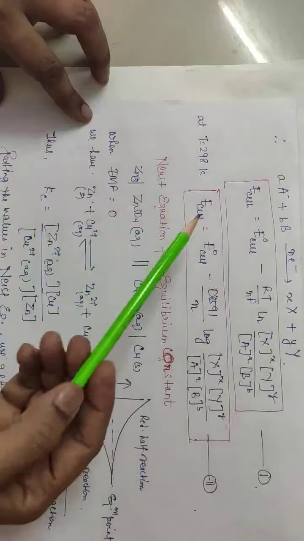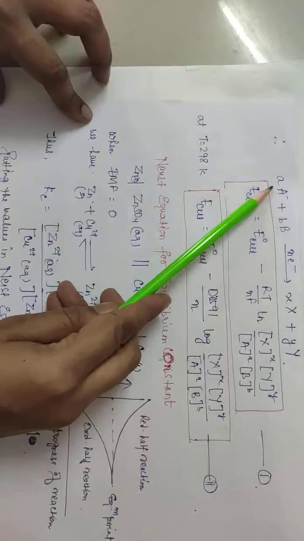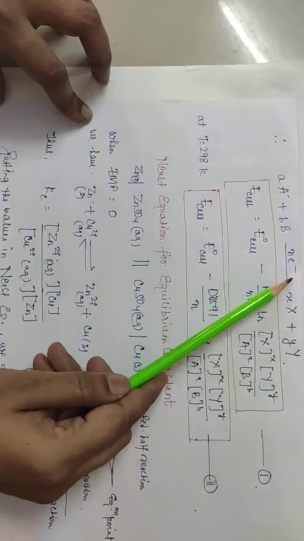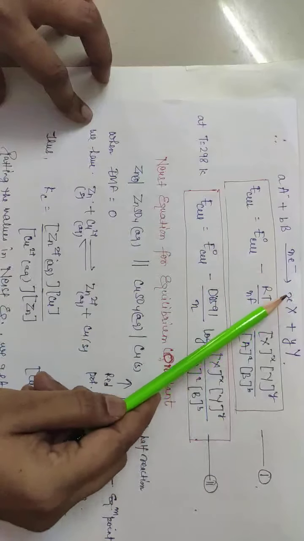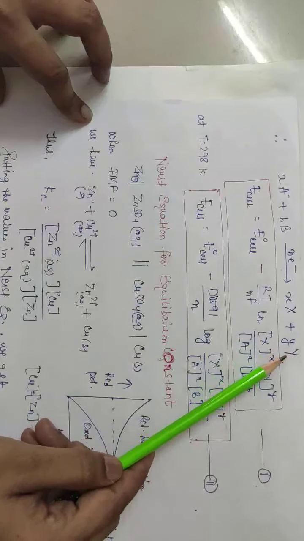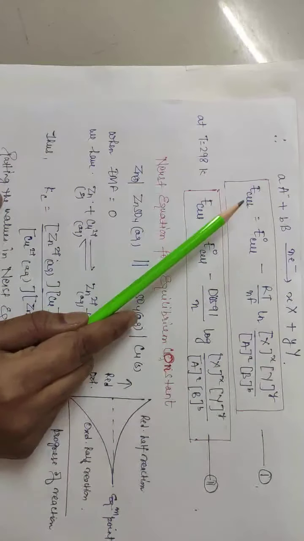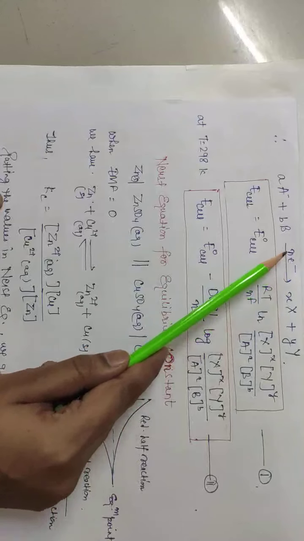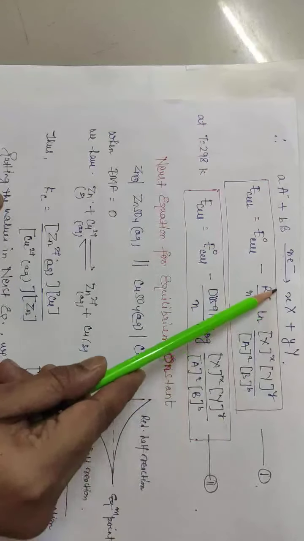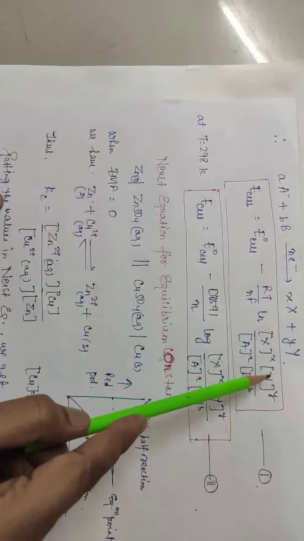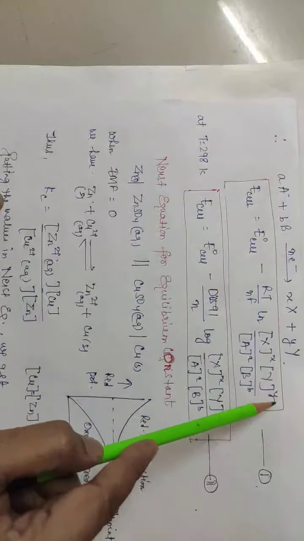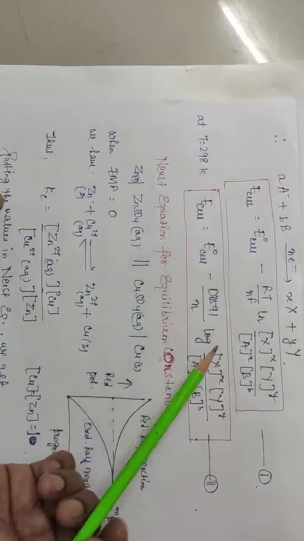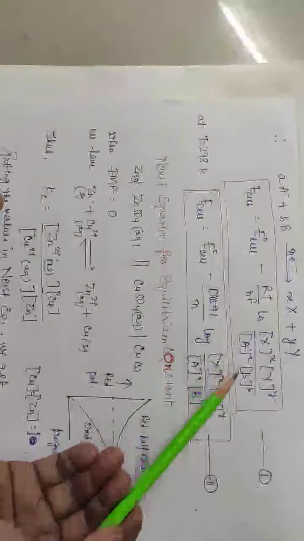For any general reaction, for example aA plus bB, where n electrons are transferred or a change of n electrons occurs in this reaction, giving rise to products xX plus yY, we can write E cell of the reaction as E naught cell minus RT upon nF, where n is the number of moles of electrons exchanged during the reaction, ln of the species on the right hand side raised to the power of their stoichiometric coefficients upon the species on the left hand side of the reaction raised to the power of their stoichiometric coefficients.